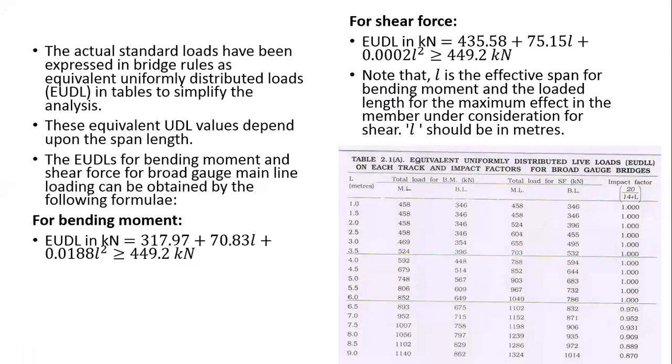Suppose a train is passing over the bridge and it has partially passed over. Some of the train is behind the bridge and some is on the bridge. We consider only that part of the train load which is on the bridge. So it is the loaded length for the maximum effect in the member under consideration for shear force.